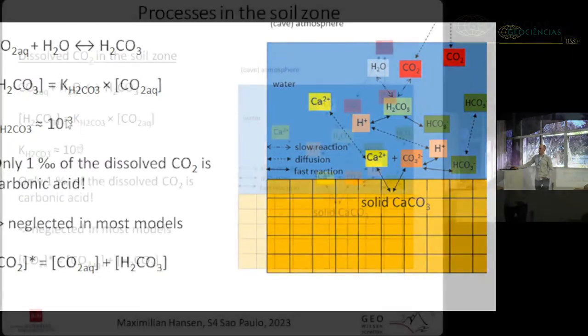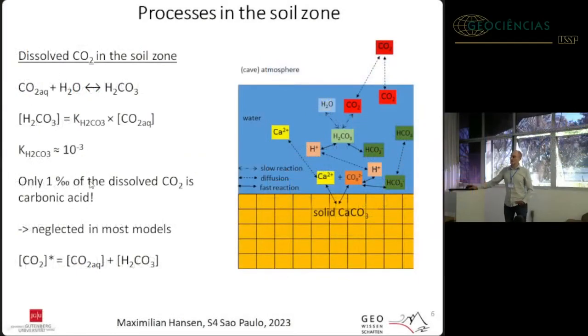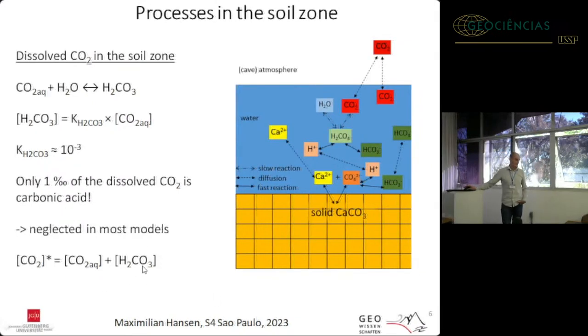But also important to note is that only 1 per mil of the dissolved CO2 in the solution is actually carbonic acid. Most of the CO2 will stay just aqueous CO2, which is sometimes neglected in some models. So it would be better to state the whole thing like that: you have a concentration of CO2 which is just the sum of the dissolved CO2 and the carbonic acid.